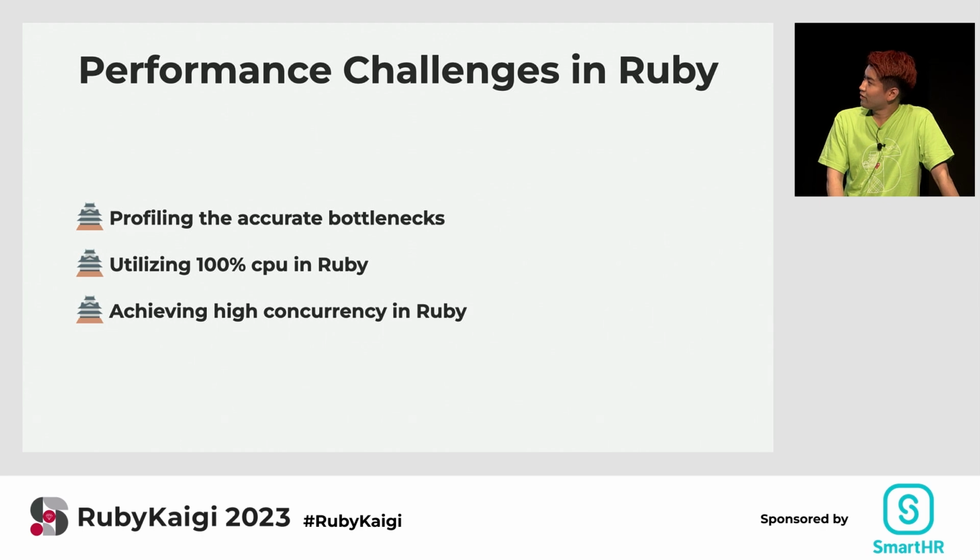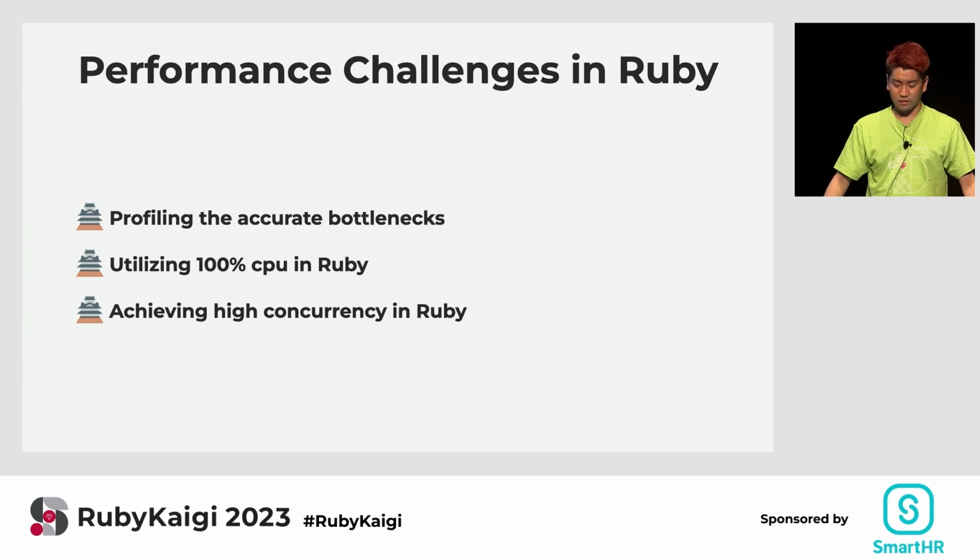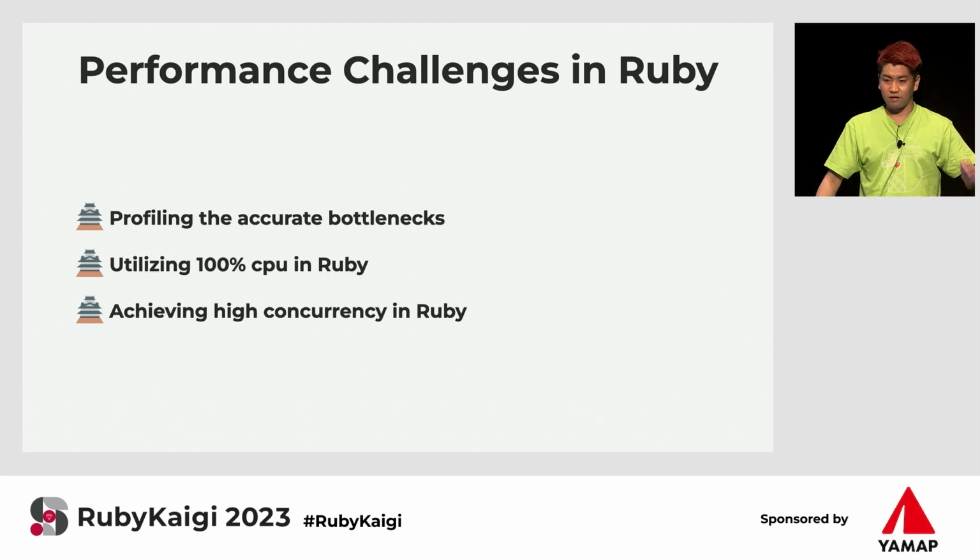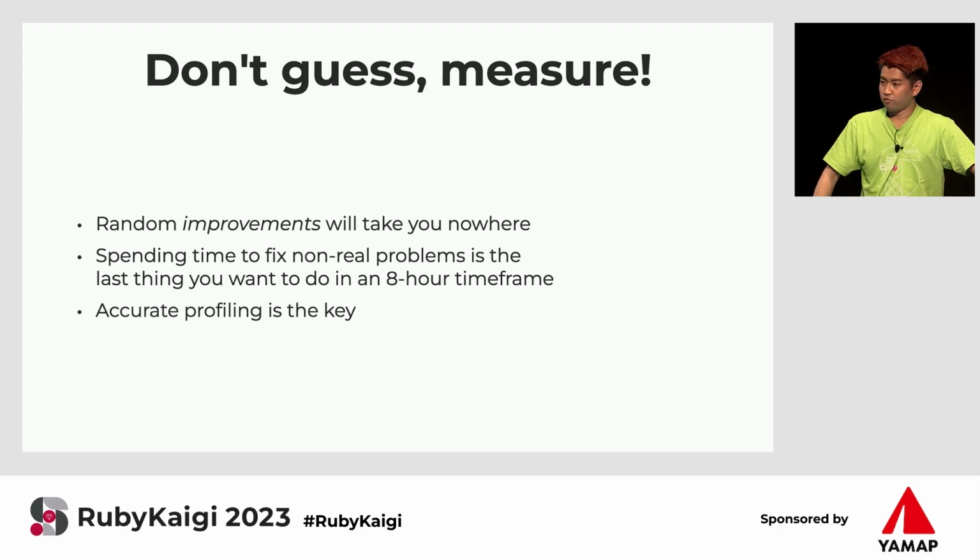I think the performance challenges in Ruby boil down to 3 points: profiling the accurate bottleneck, trying to utilize 100% of CPU system resources in Ruby, and achieving high concurrency. Beforehand, I'd like to introduce a saying: don't guess, measure.